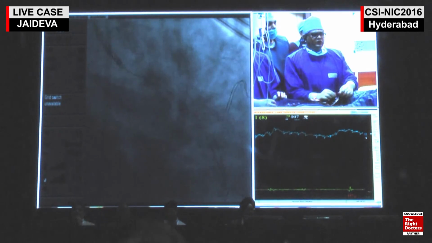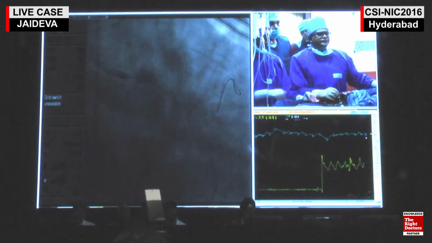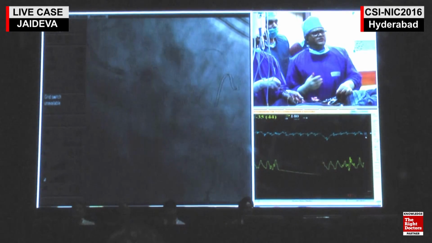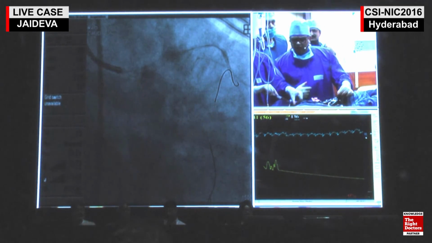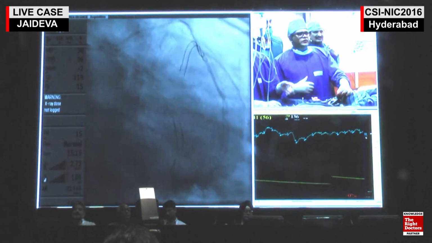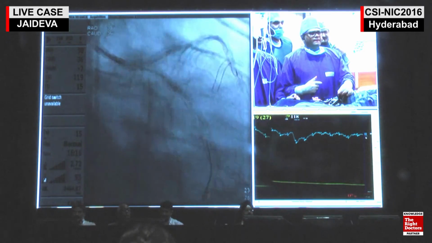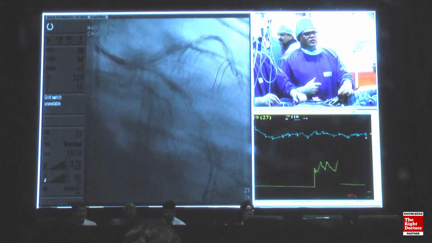Good. That's the best way to go, actually. Now we can. Yeah, we will do it. So presently the patient is hemodynamically stable. Let's go for the cine. Okay.